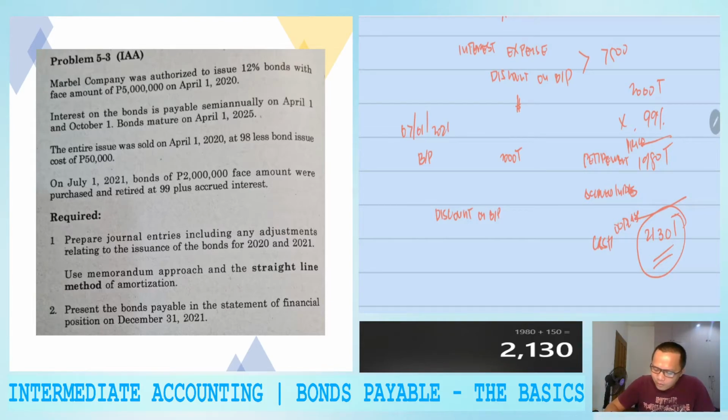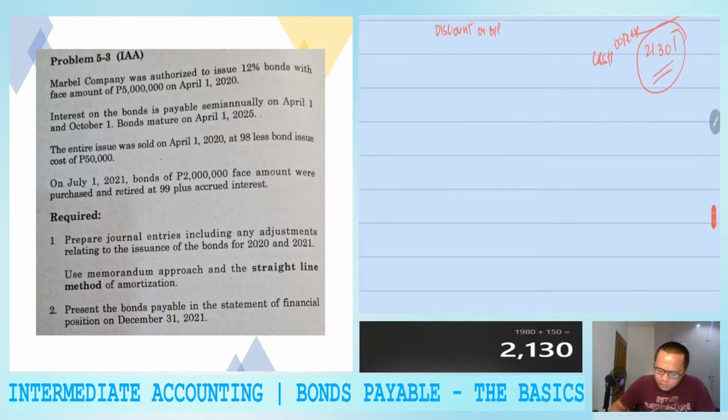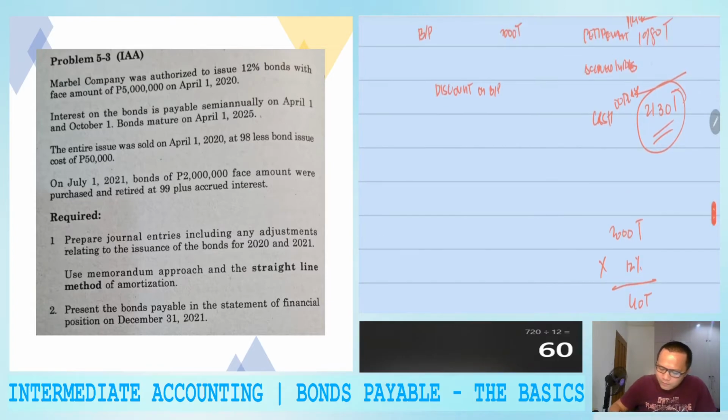So, let's compute. 2 million times 12%, times 3 divided by 12. So we have 60,000. Okay. So the total cash outlay here, not that amount, but 60,000 plus 1,980,000.